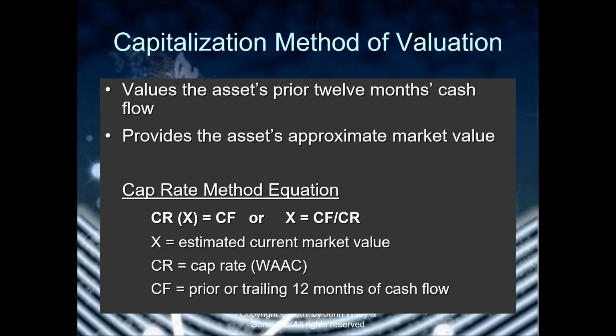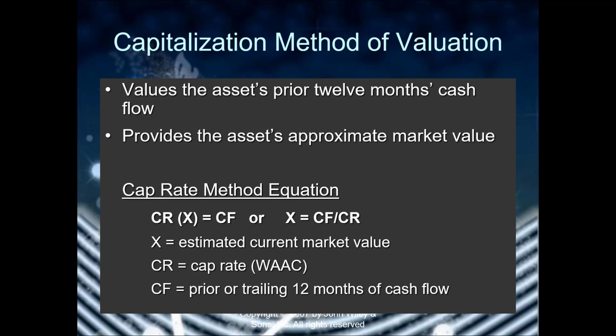Now the CAP method for today, we're going to come back to this after the second exam, is we are going to use the CAP method to value the asset's prior 12 months cash flow. That provides the asset's approximate market value.